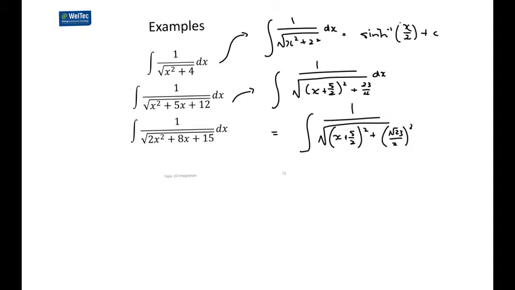So all we're doing is we're just fiddling to make it fit the pattern, and now it does. So the integral of that would be inverse sinh of x plus 5 over 2 over root 23 over 2, which we could further rearrange and put the 2 up the top.